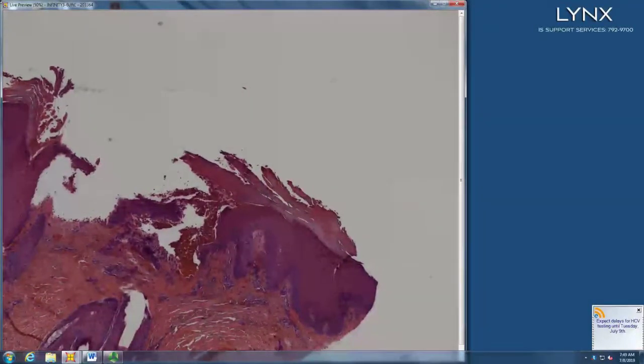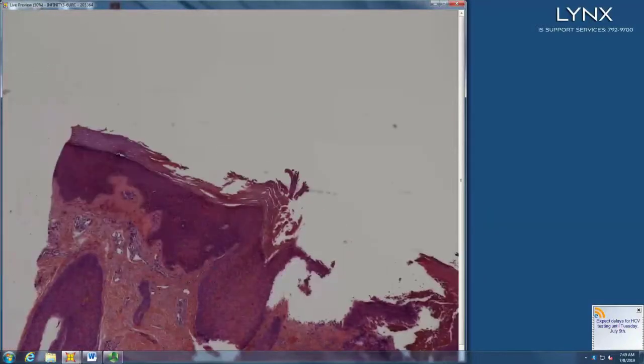I think this is psoriasis. In psoriasis, do you get thick or thin suprapapillary plates? Thin. And in this case, you have thick. So not so much psoriasis. Psoriasis also doesn't give you angiofibroplasia of the papillary dermis.